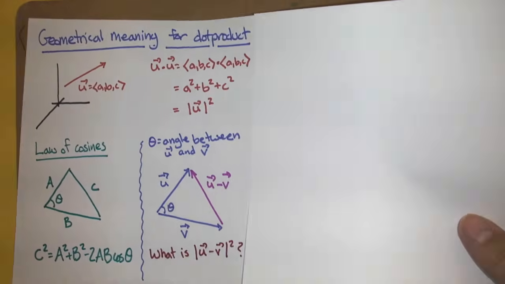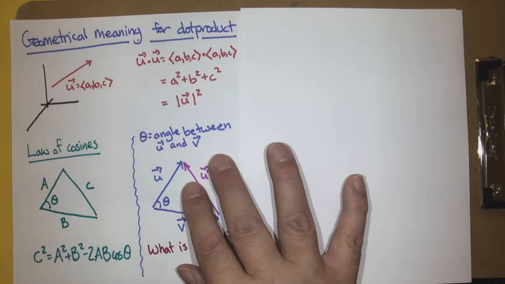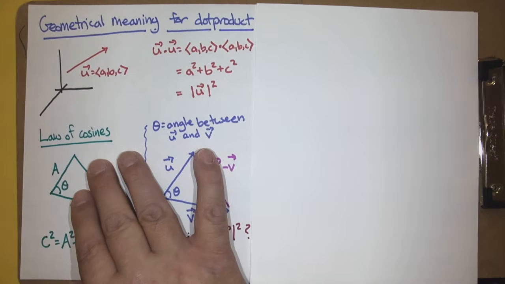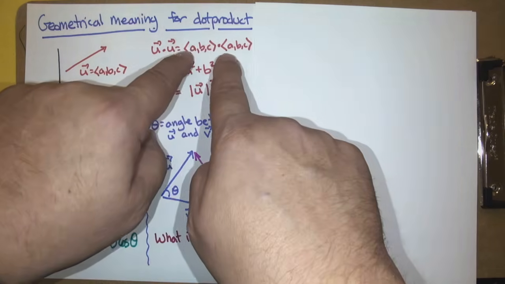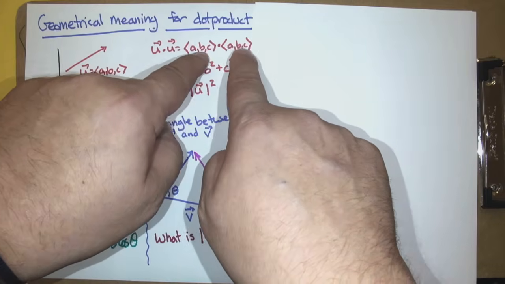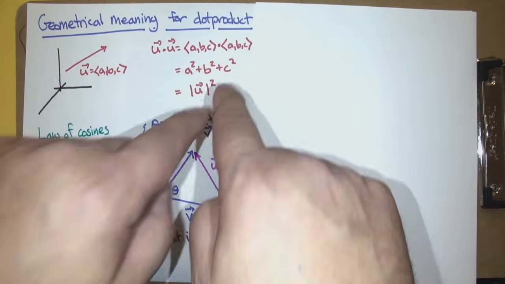So, we can start by just saying, well, what happens if I take the dot product of a vector with itself? So I have a vector (a, b, c), and I take u dot u. Well, what comes out? You multiply the first entries together, a squared. Second entries, b squared. Third entries, c squared.